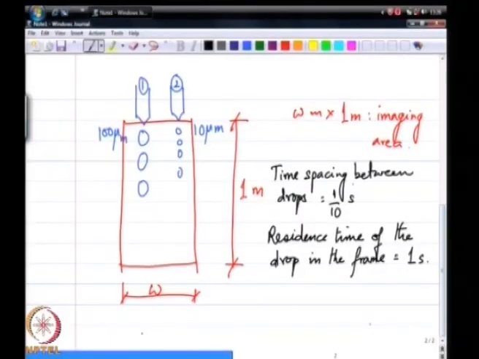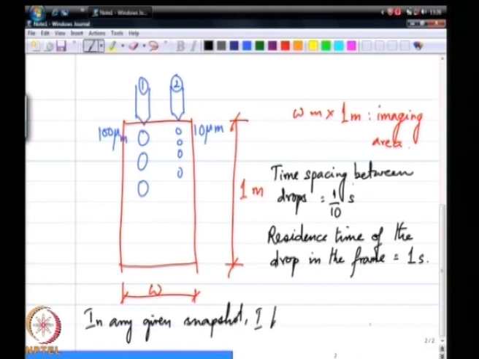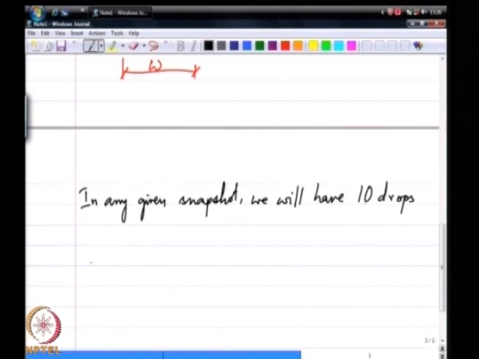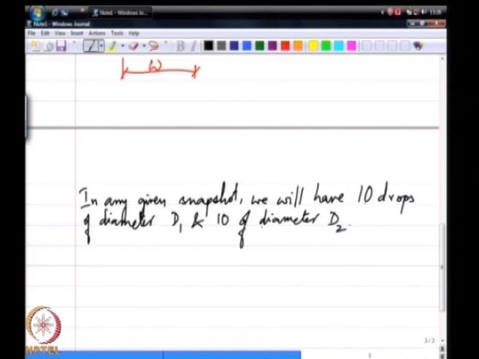Which means if I take a snapshot, I am going to have ten of diameter D1 and ten of diameter D2.